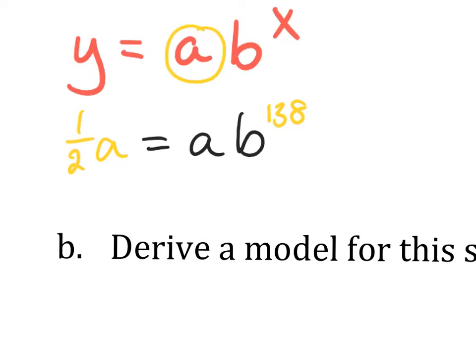So this is going to find me my decay factor. Because notice here, when I divide both sides by a, the a's drop out. And so we're left with this equation, and I'll switch sides to make it a little easier: b to the 138th is equal to 1/2, or 0.5.